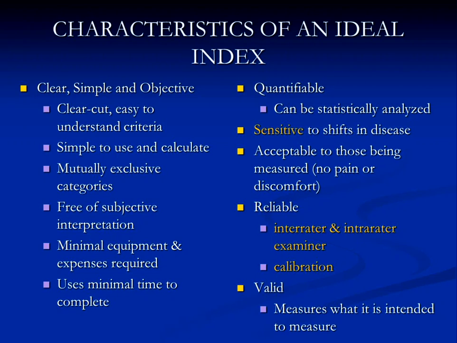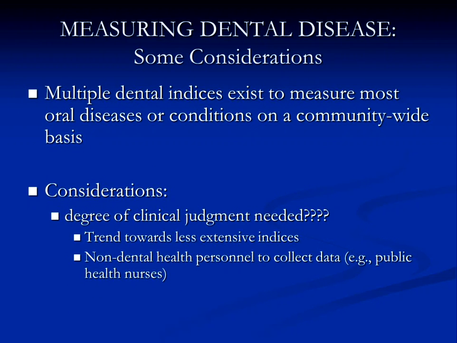We also want an index to be valid, meaning that it's measuring what it's intending to measure. So this is closely tied to the clinical stages of the disease. So some considerations when you're a research team and you're trying to pick out the dental index that you want to utilize in the field. What you'll see in the next lecture is that there are different dental indices that measure the same oral disease.